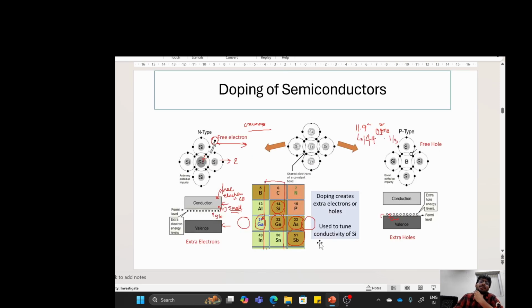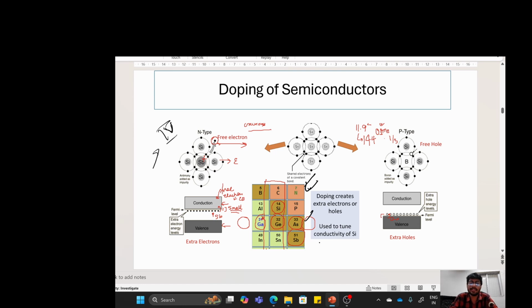Now, doping of semiconductors is done by group elements. For n-type doping, you can dope silicon with fifth group elements like phosphorus, antimony, arsenic, and then you will find the n-type semiconductor.